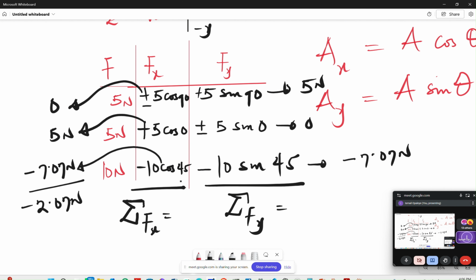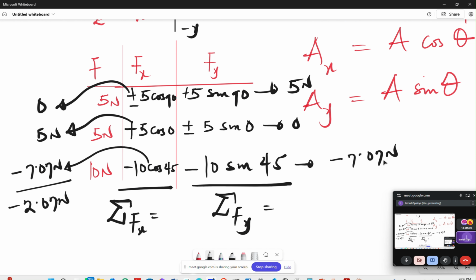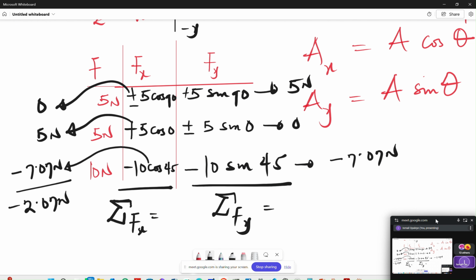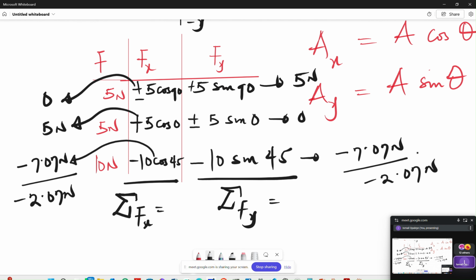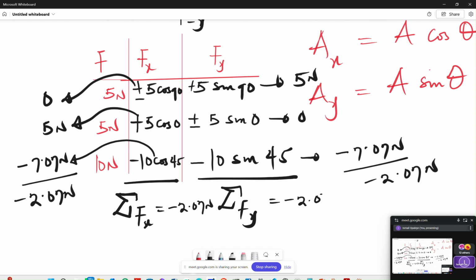Someone should confirm that for me. Yes, sir. And this one as well, minus 2.07, right? Yes, sir. So you have minus 2.07 for summation f of x and minus 2.07 for summation f of y.